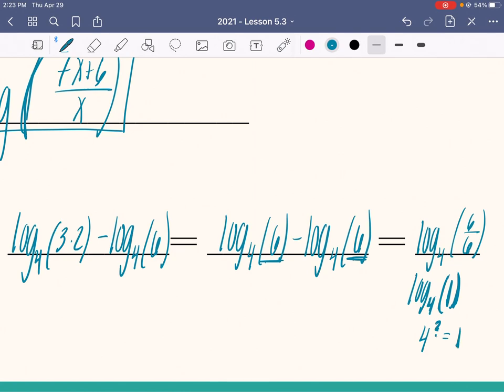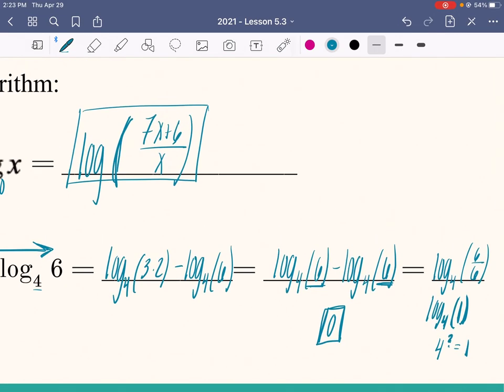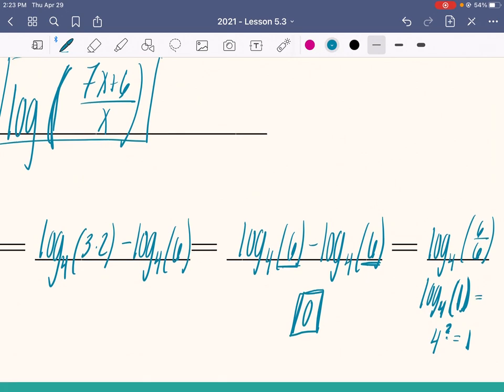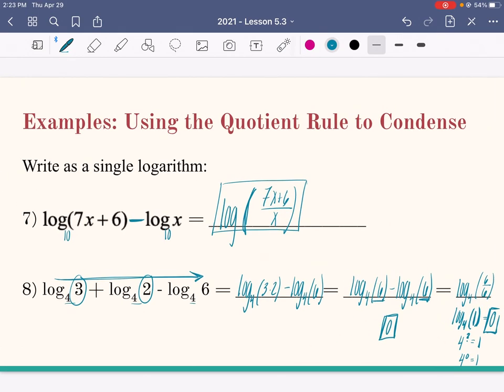So again, here you could just see, okay, these are the same logarithm. I can just stop. That gives me 0. Or if you went about it the long way and you did all of this work, you're still going to get 0 at the end. Okay, so a number of different ways to do that.